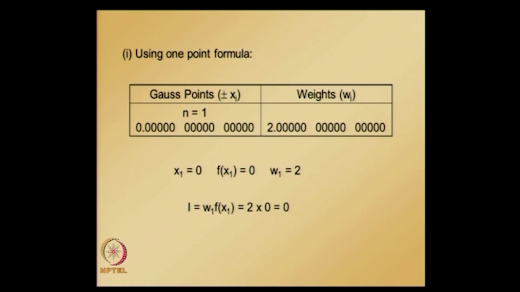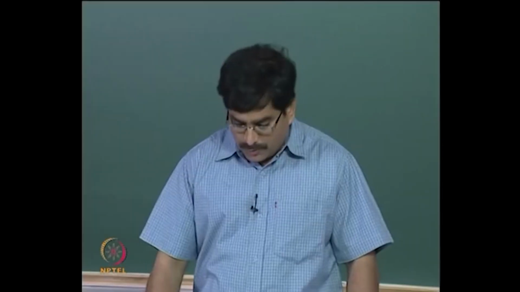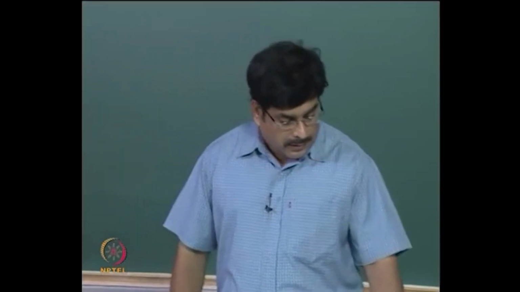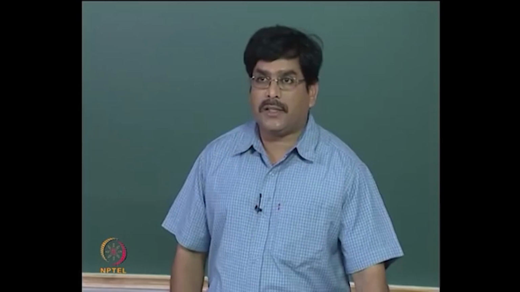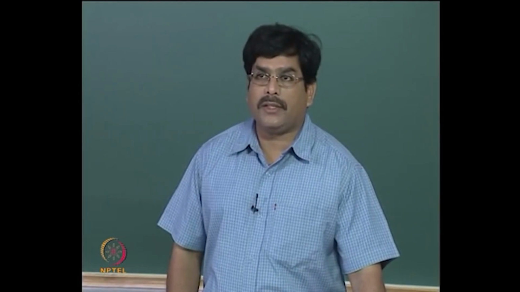So, the one point Gauss quadrature approximates the given integral to be 0, which is not making any sense. So, now let us go to 2 points.